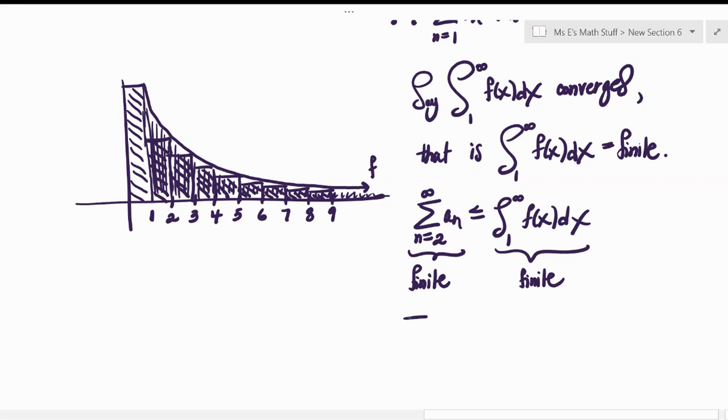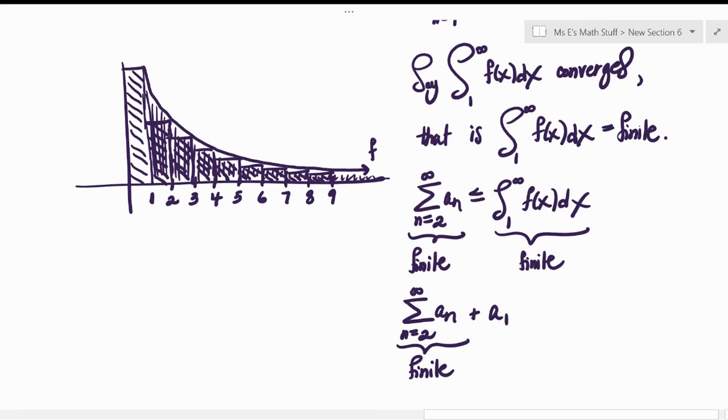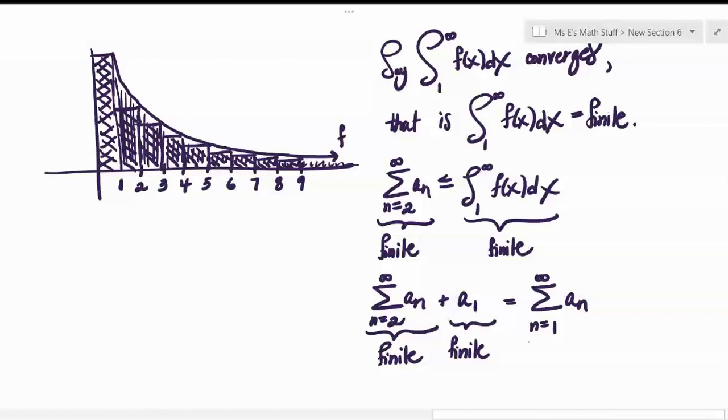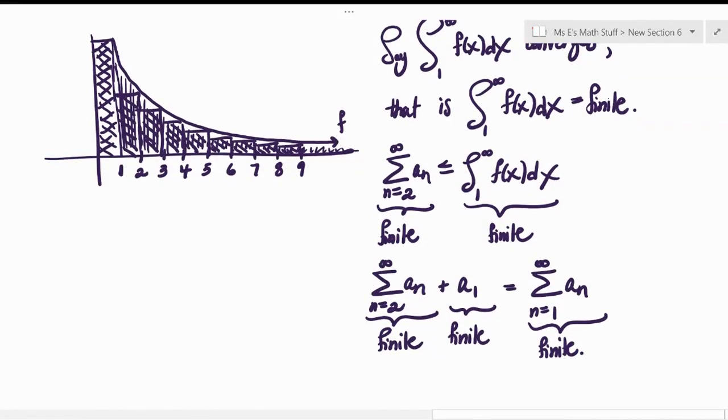And so if the sum as n goes from 2 to infinity of a sub n is finite, then when you add in that little first term, which is this little rectangle right here, you're adding in something finite. And that would give you the sum as n goes from 1 to infinity of a sub n, and it would be finite, since a finite number plus a finite number is a finite number.